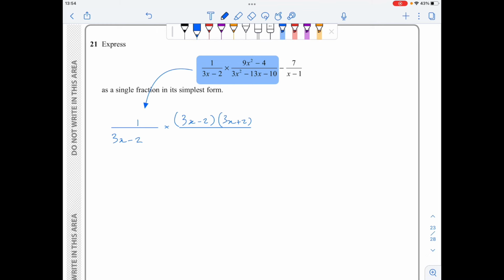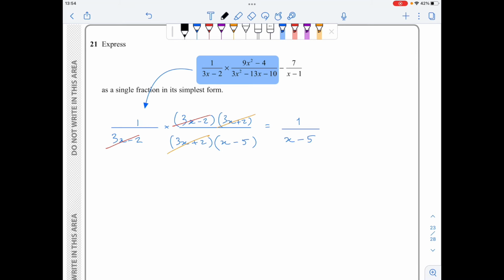The denominator is 3x plus 2 with x minus 5. Now I can cross out the 3x minus 2 with the 3x minus 2 and the 3x plus 2 with the 3x plus 2. So I'll be left with 1 over x minus 5.